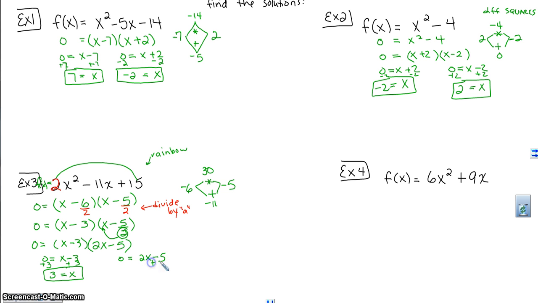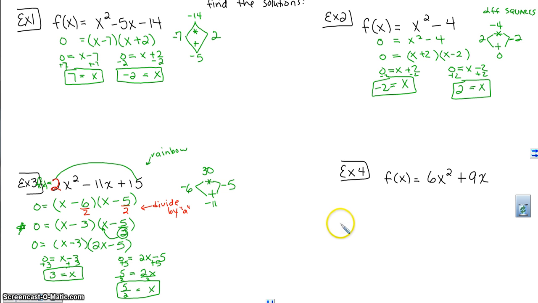And then down here, if I add 5 and then divide by 2 on both sides, there's my other x-intercept. Notice, if you look right here at this factor, x minus 3, my intercept is x equals 3. And then if you look at this factor right here, x minus 5 halves, my x-intercept is x equals positive 5 halves. So you should be able to see a relationship right there.